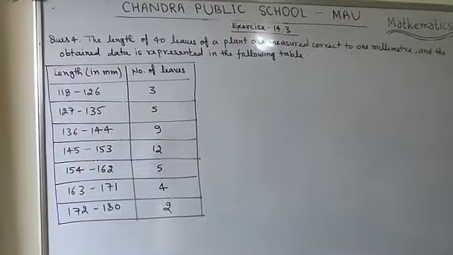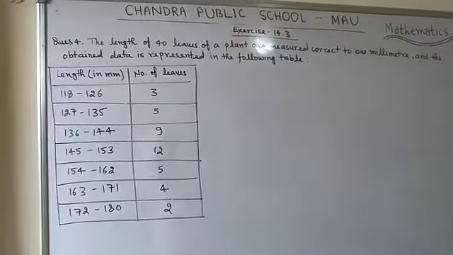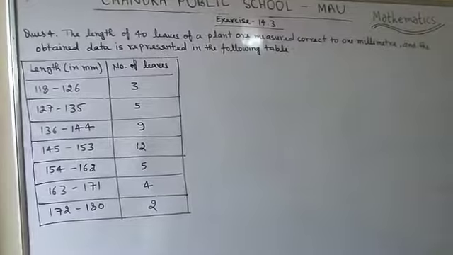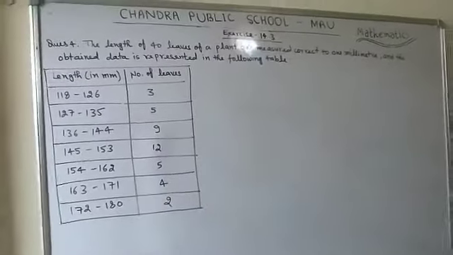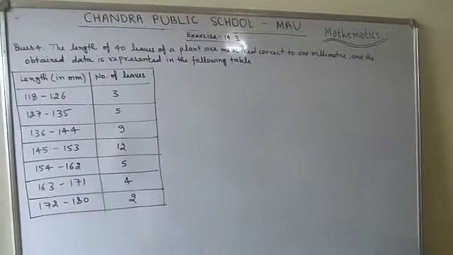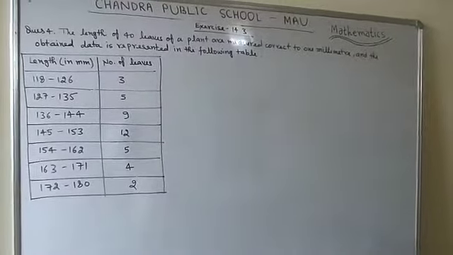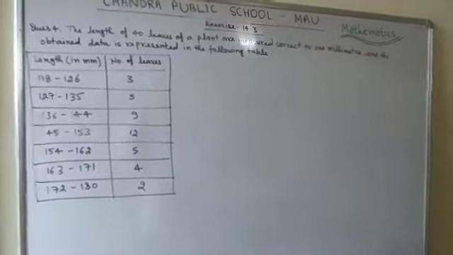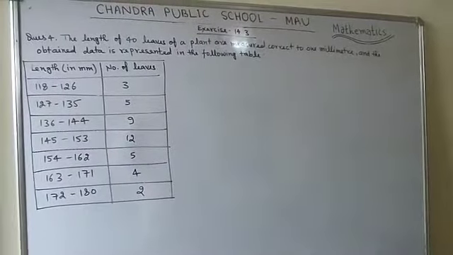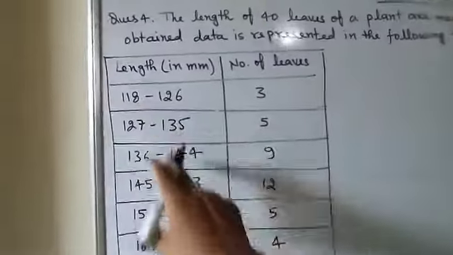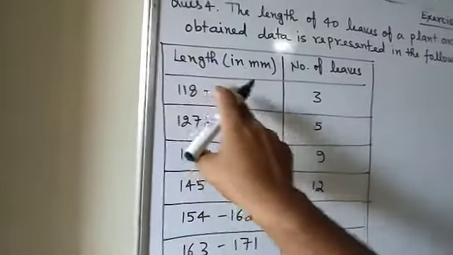If the table is given discontinuous, then first you need to convert it into continuous. So before drawing the histogram, you need to make the table continuous. Here I am going to explain how you will make the discontinuous table continuous. Whatever the class interval is given, it has a lower limit and an upper limit.